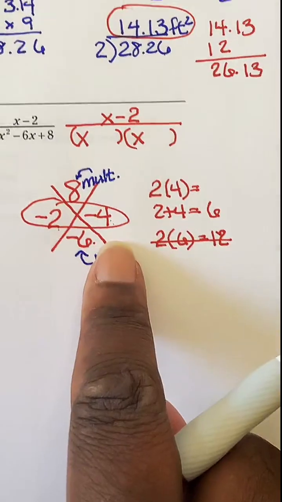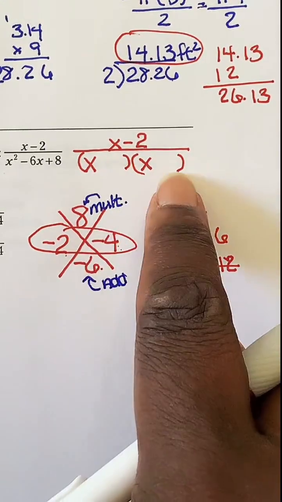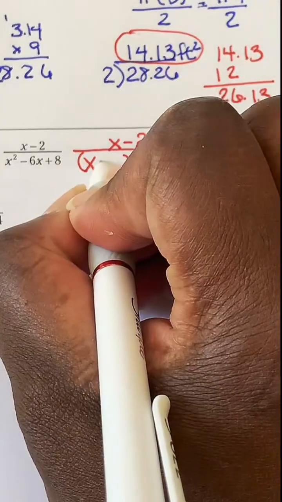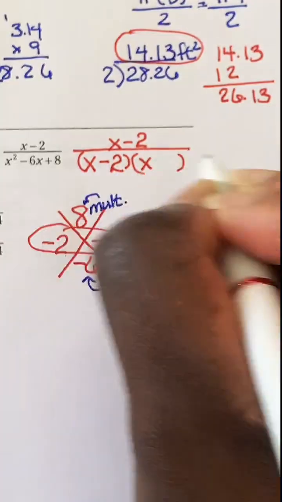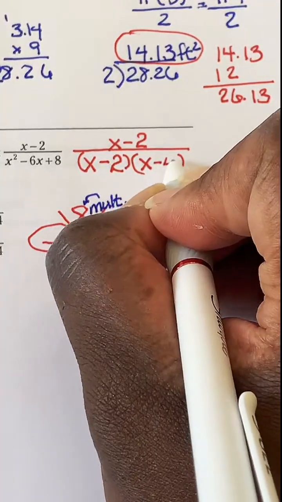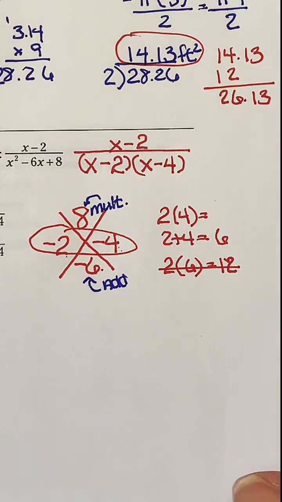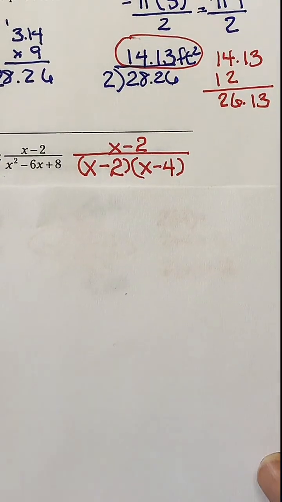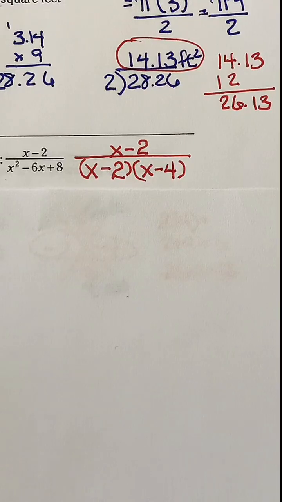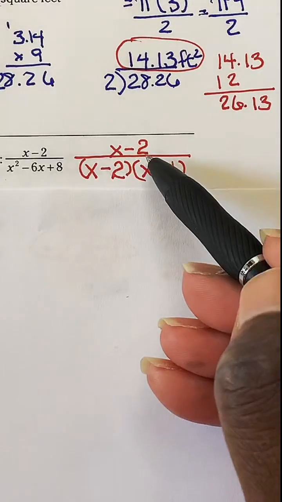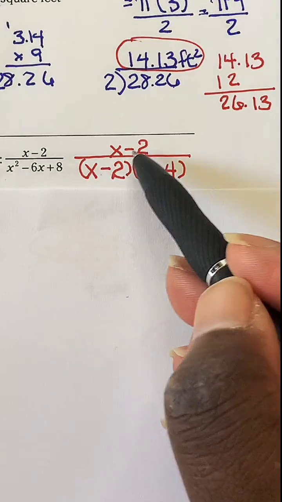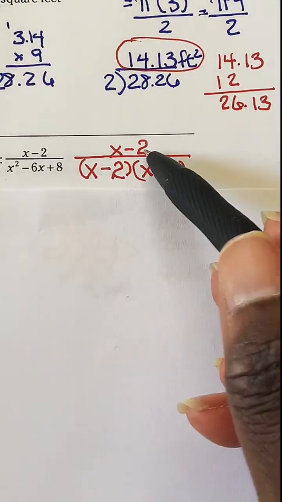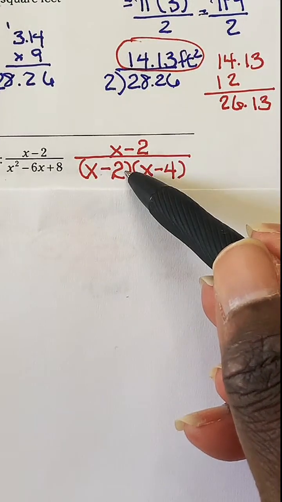So what we're going to do with those numbers is put them inside the parentheses. So we're going to have a -2 for one and a -4 for the other. Now we're doing division. Taking a look up here, we got division going on. Since we got multiplication facts here and that x minus 2 there, we got x minus 2 and x minus 2.